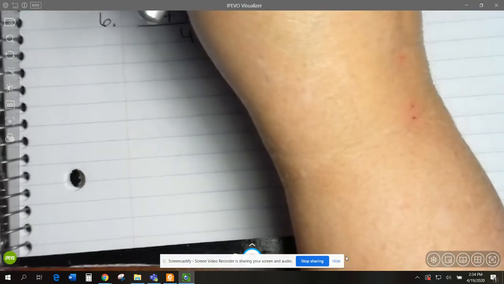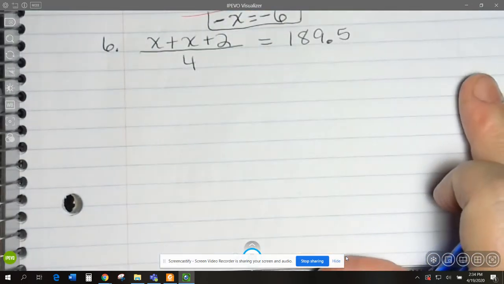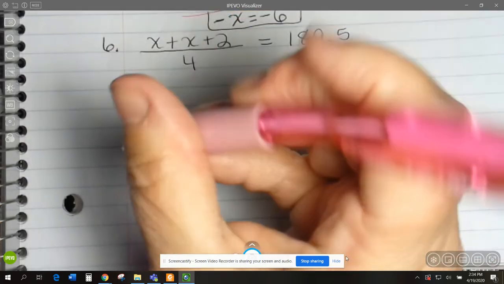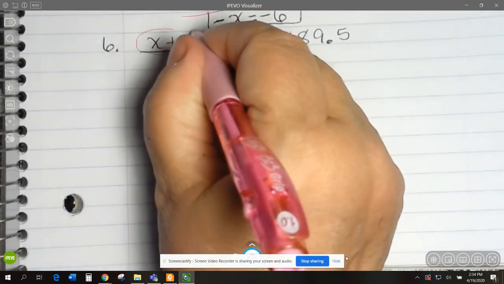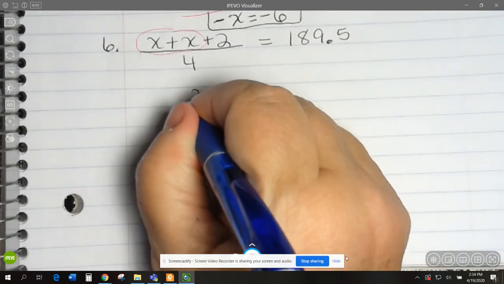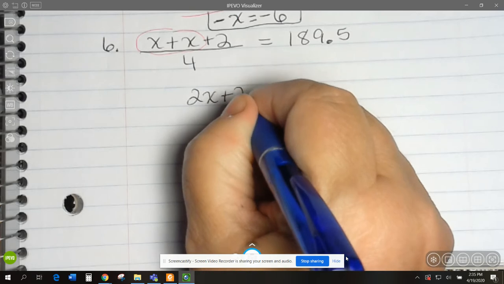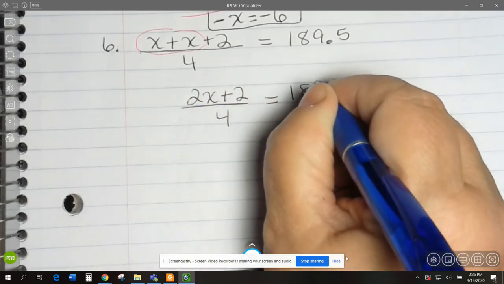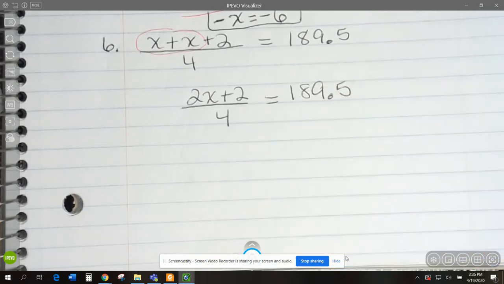Let's go down to number 6. Let's simplify this right now. X plus 2 is going to give us 2x plus 2 all over 4 equals 189.5.